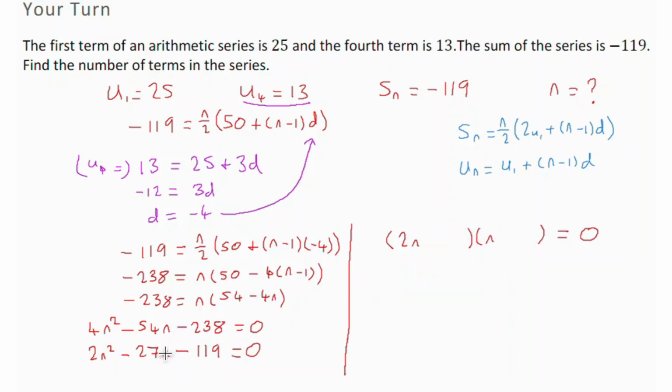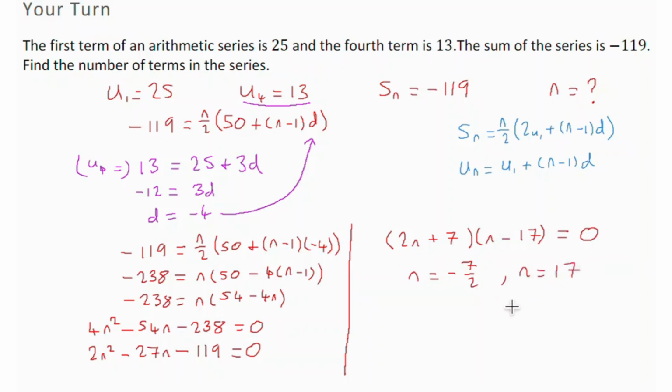And we want them to add in some way when multiplied by the 2 to get us to minus 27. So if we had it like this, that would be minus 34n, and then plus 7n would give us minus 27n. So this is our factorized form, which implies either n is equal to minus 7 over 2, or n is equal to 17.